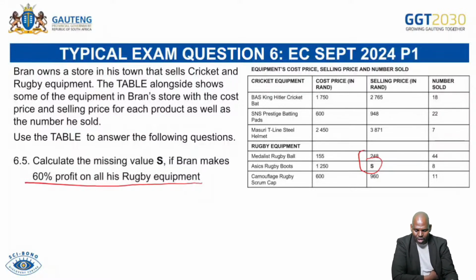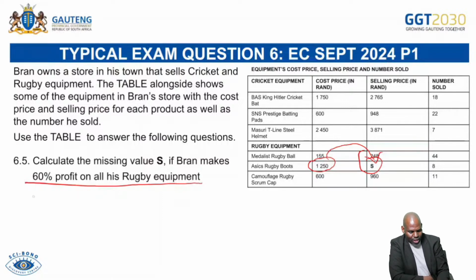So for Brand to make a profit, he must increase the cost price by 60%. If he makes 60% profit, the profit can only be made from the cost price. So what we do, we must take this 1,250, we must increase it by 60%. After increasing it by 60%, that amount will be the selling price.